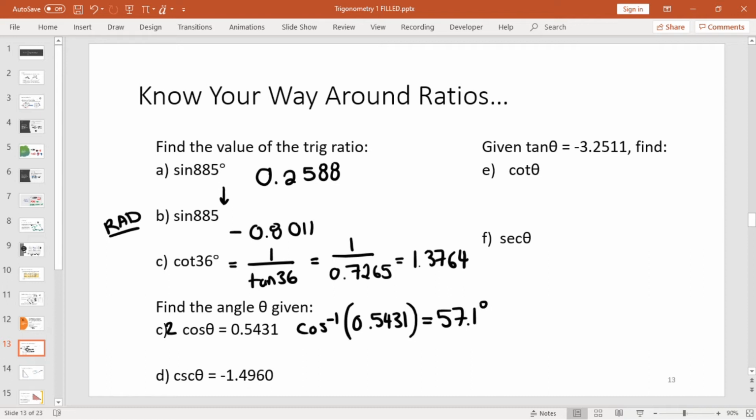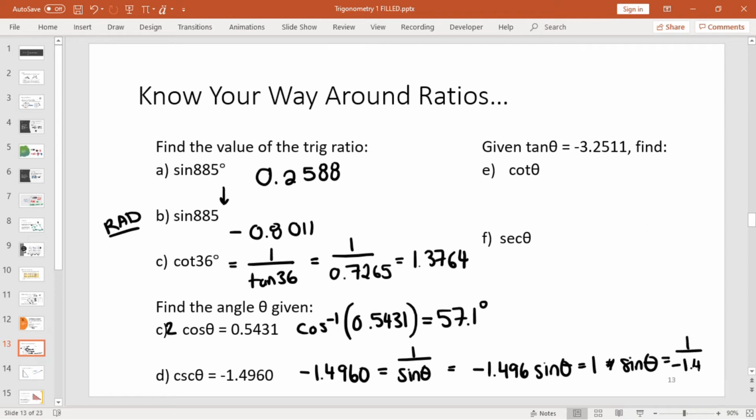Once again, cosecant is equal to this number. So this time I'm going to set it up like cosecant has been found for me, and I know that it is equal to 1 over the sine of some angle. So if I cross multiply, I know that 1.496 sine theta equals 1, which means that sine theta equals 1 over negative 1.496.